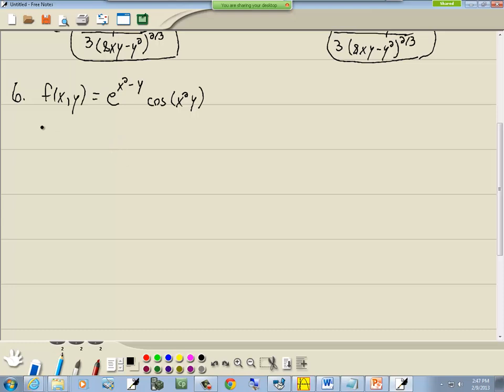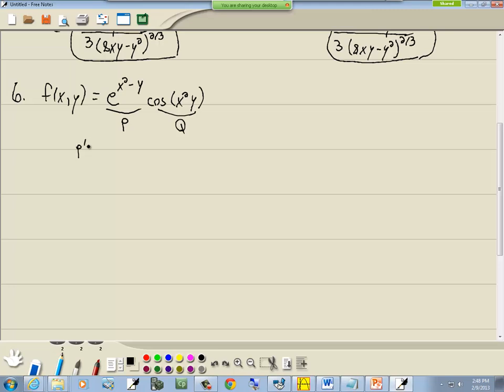Okay. We'll take the first partial derivative with respect to x. The first thing I notice is that this has an x in it, and this has an x in it, so we've got e to an x power and cosine of x, which means I'm going to need to use the product rule. This right here will be my p, and this will be my q.